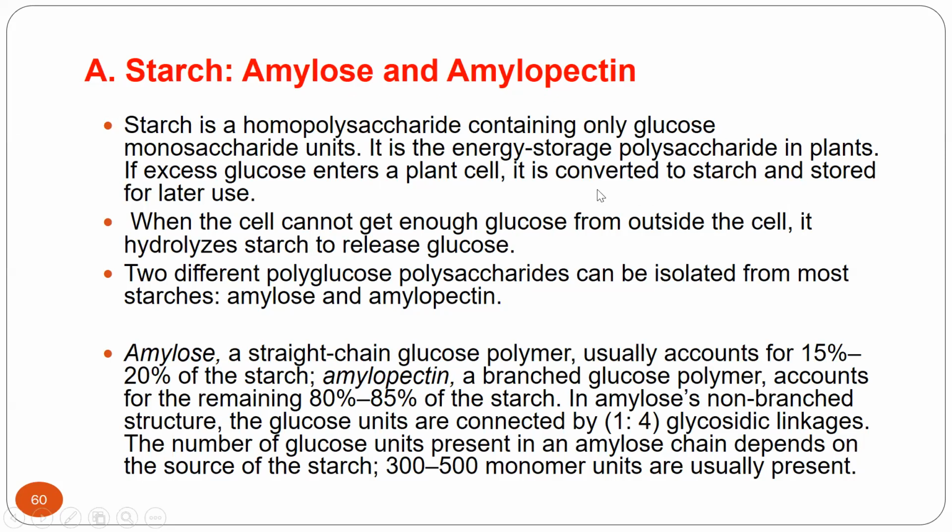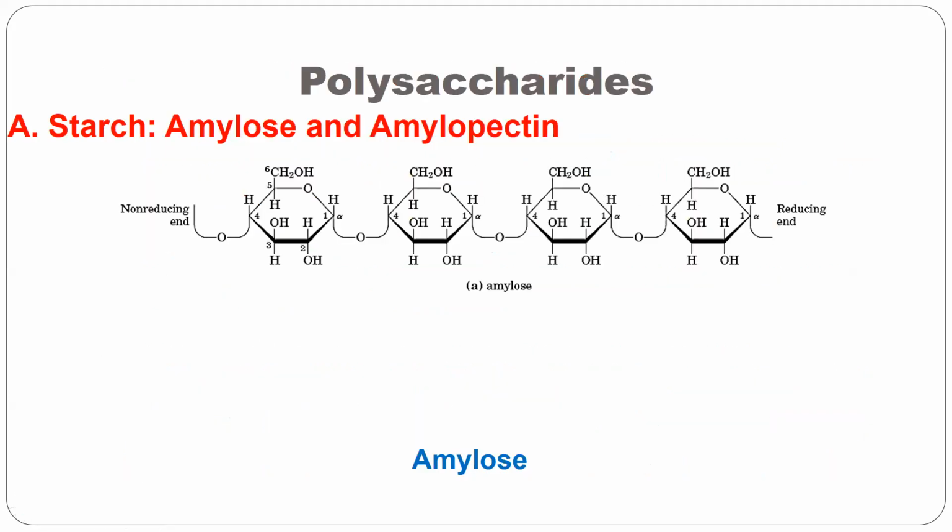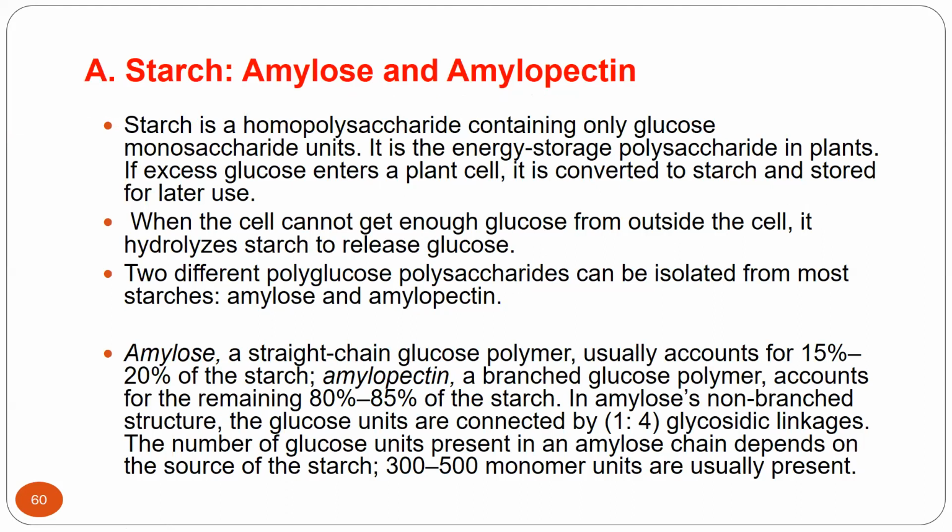polysaccharide in plants. That's why when you eat, starch becomes our main source of food for humans, because it is the energy storage polysaccharide. If excess glucose enters a plant cell, it's converted to starch and stored for later use. It can be used by the plant for its metabolic processes, but at the same time, we as herbivores can also use starch as our source of sugar.